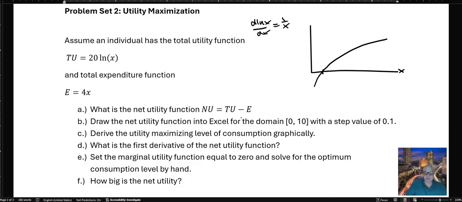Notice this is the total utility, not the marginal utility, and we have your total expenditures, which look something like a straight line, so E equals 4 times x, and the total utility is 20 times ln of x.